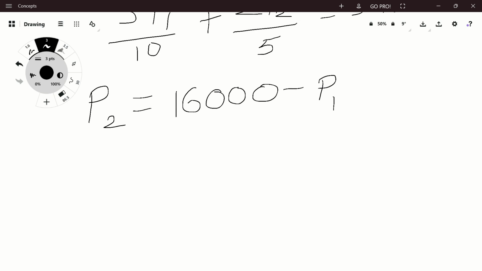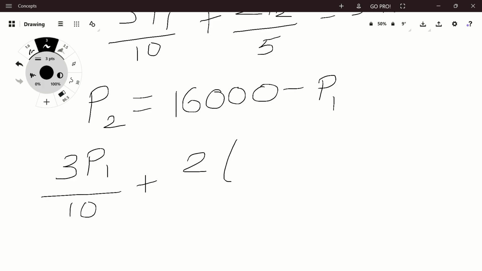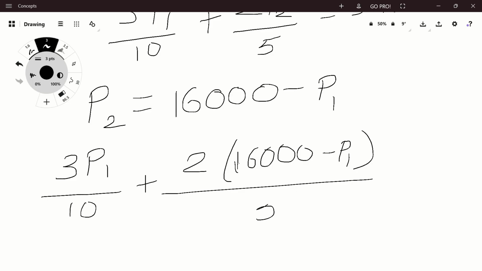Now substituting the value into the recent equation, we get 3P1 upon 10 plus 2 into (16,000 minus P1) upon 5 is equal to 5,400.